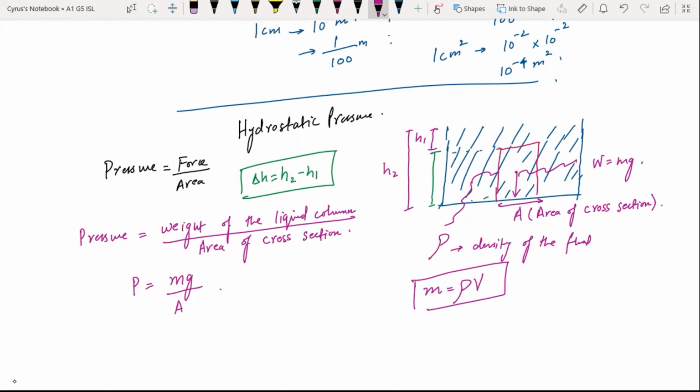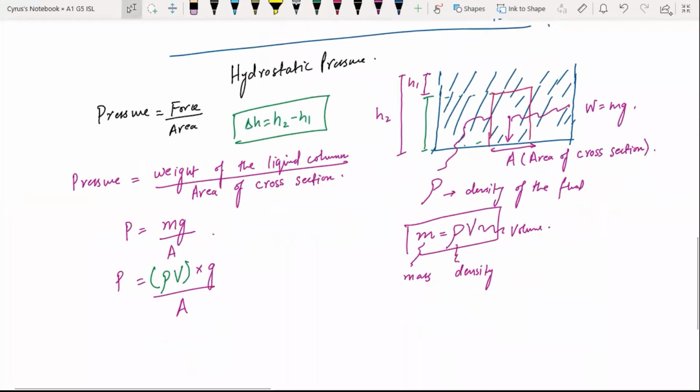This mass of the liquid can be written as density of the fluid and the volume of the fluid that I have taken. This is the volume. And we can put it in here. This becomes density into volume times G over area.